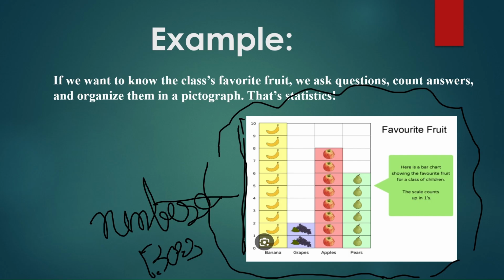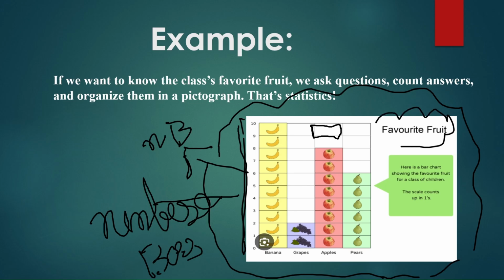This one box is known as one bar, and this side tells us the number of the bars. Here the title is favorite fruit. Here is a bar chart showing the favorite fruit for a class of children.